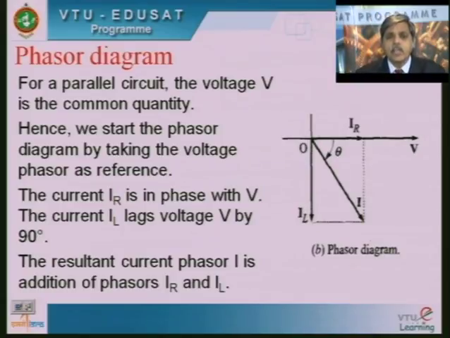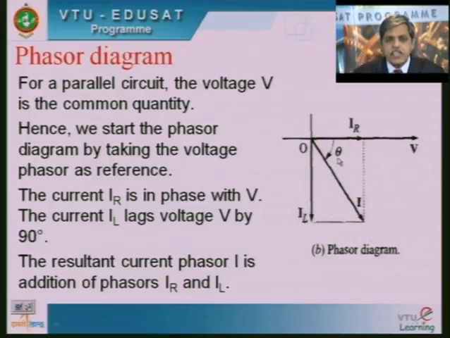Therefore, the current IR will be in phase with the voltage, and in a pure inductor we saw that the current lags behind the voltage by 90 degrees. So I have drawn the inductor current along the negative imaginary axis, because it has to lag behind the voltage by 90 degrees.